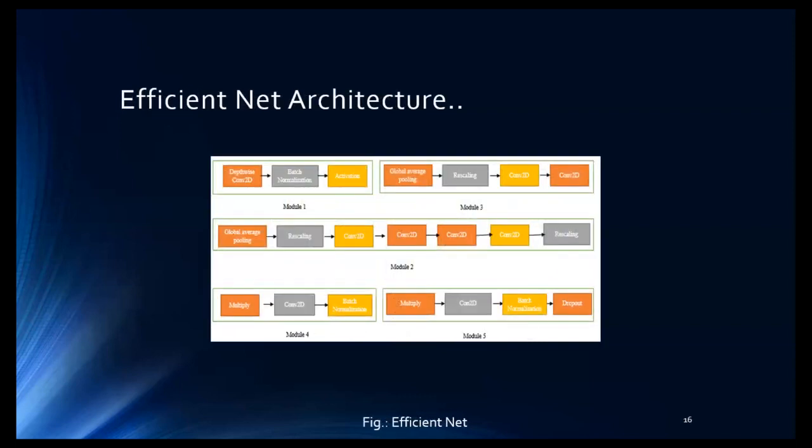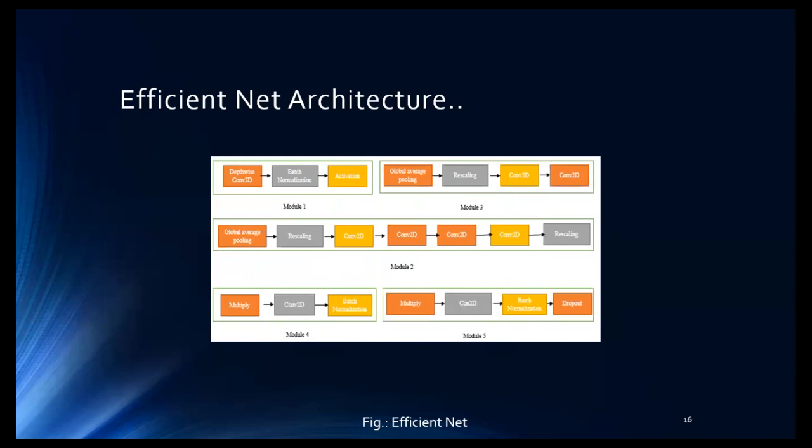Now, EfficientNet architecture. EfficientNet has mainly 8 architectures, from B0 to B7, and it works on 3 terms: depth, width, and resolution.